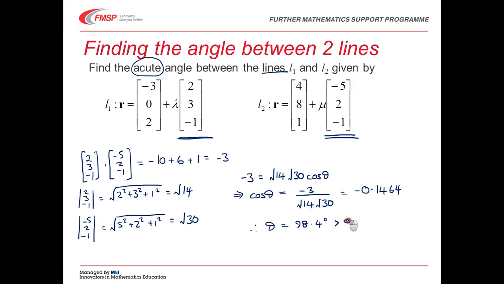So the angle that we've got is bigger than 90 degrees, so the acute angle is therefore 180 minus that, which is 81.6 degrees. So you need to be careful to check whether a question asks for the angle between two given vectors or for either the acute or the obtuse angle between two lines where the direction vectors are not uniquely defined.